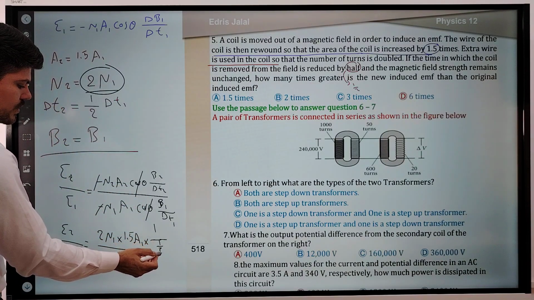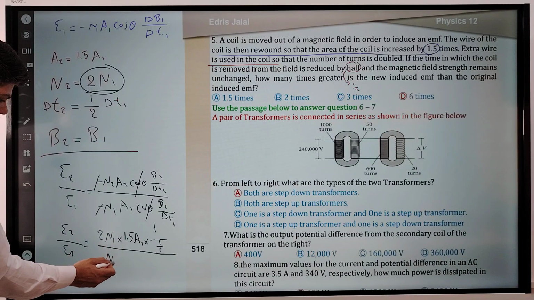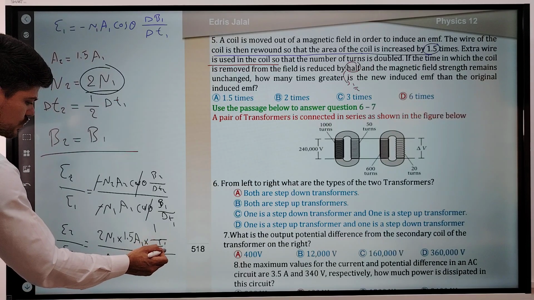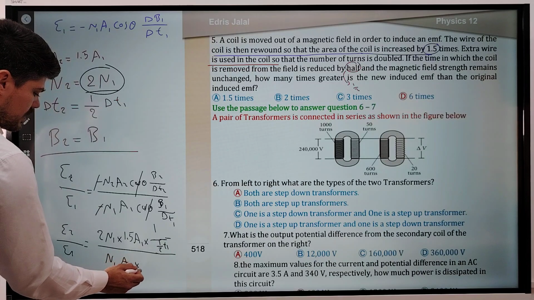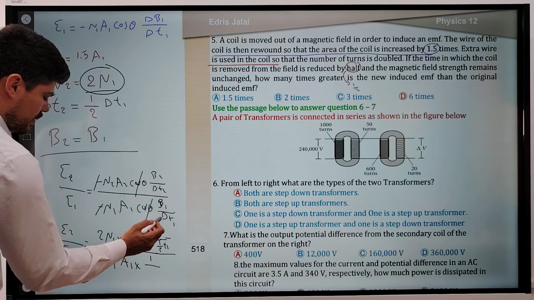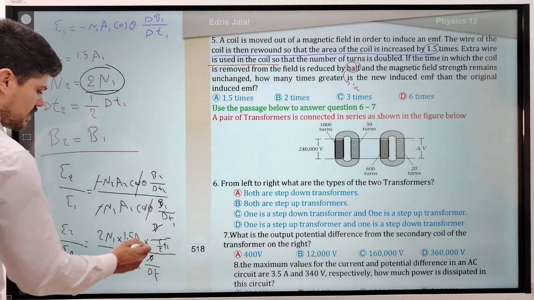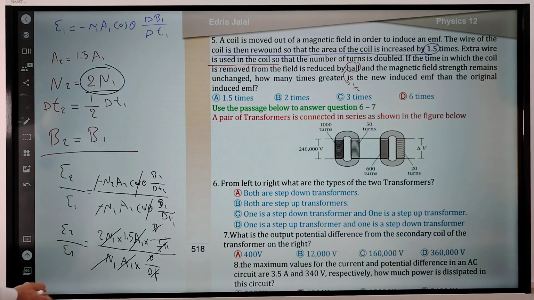T2 is 1 over 2, okay. In the denominator, N1 A1 times 1 over T1. Okay, so this is 1 over 2 T1. And you can write B cancel, T1 cancel, A1 with A1 cancel, N1 with N1 cancel.